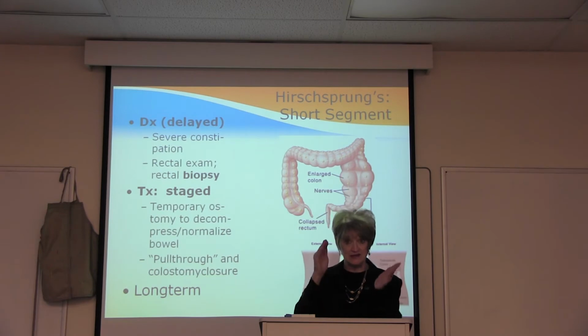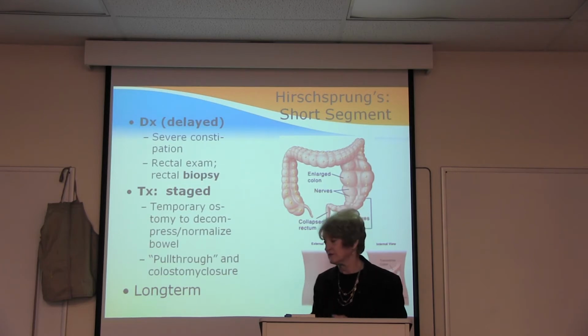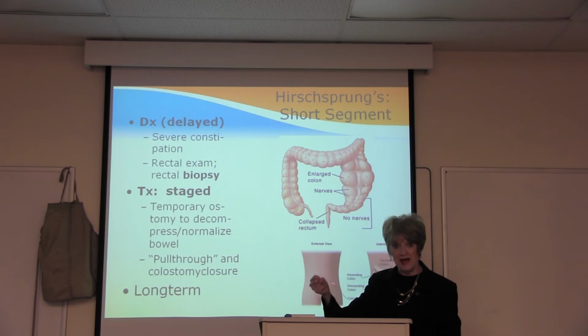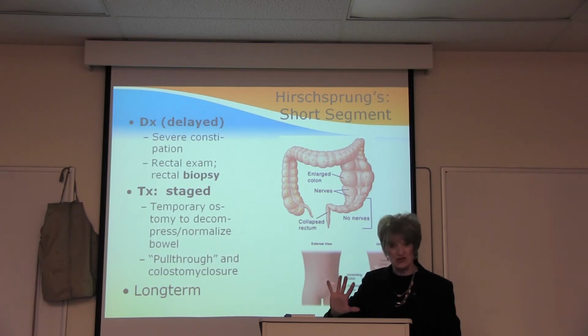So then you have this section of bowel at the very end where you have formed stool that's not working. The section that is denervated collapses on itself and becomes a very narrow pathway, and it's very hard to push the stool through that narrow pathway.